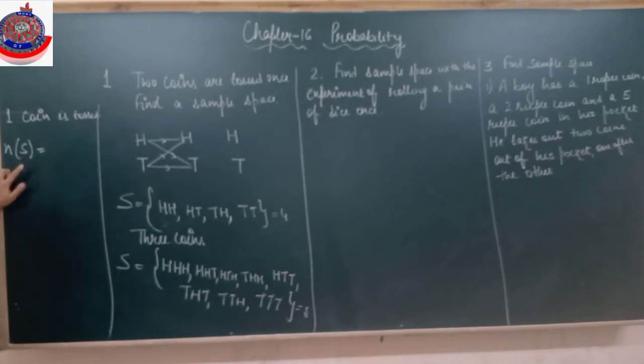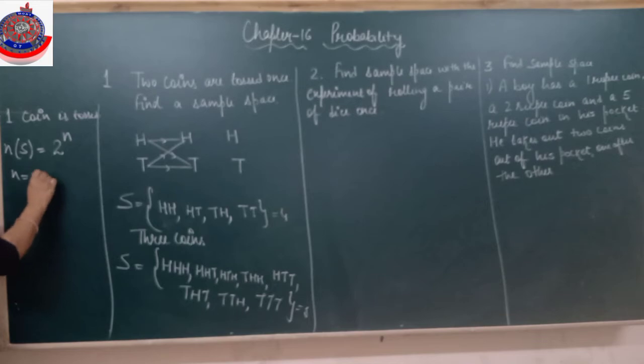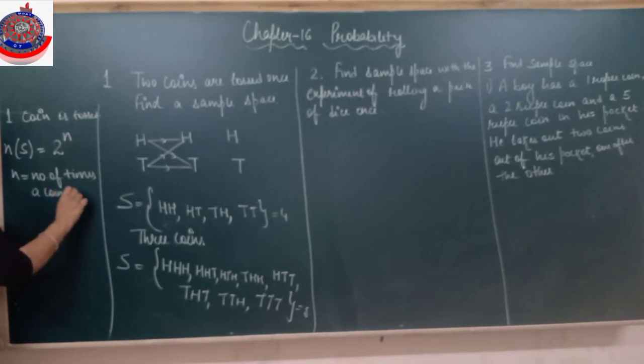Number of elements in a sample space, when a coin is tossed, it is 2 raised to power n, where n means number of times a coin is tossed.